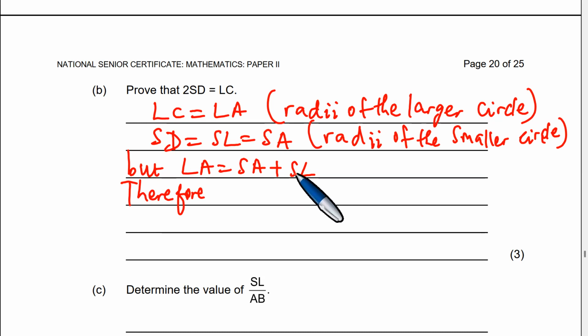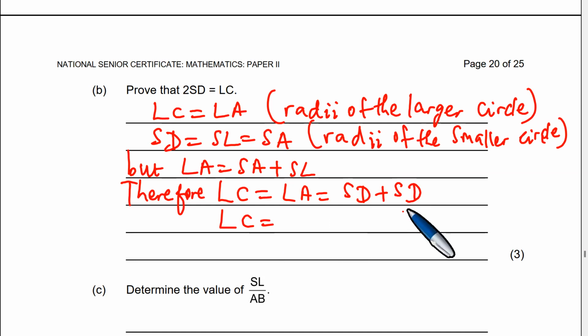And SA is SD, so in the place of SA we can put SD, plus SL, and SL is also SD.